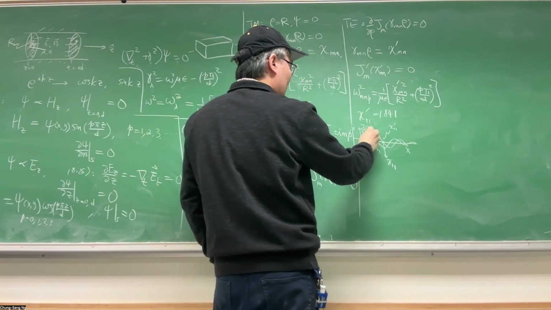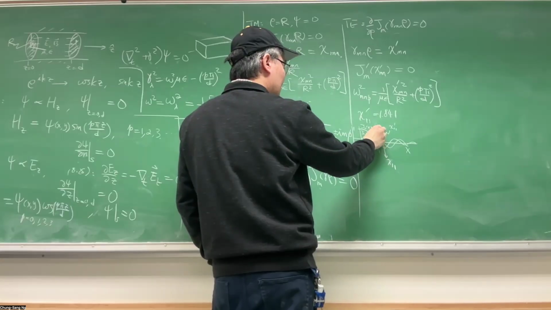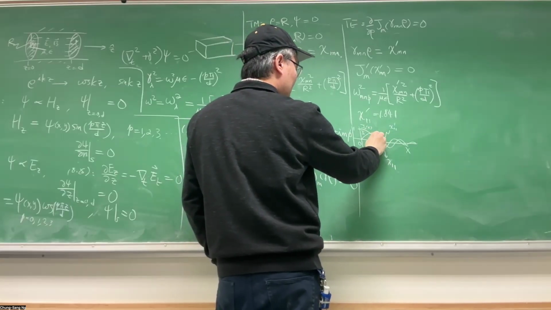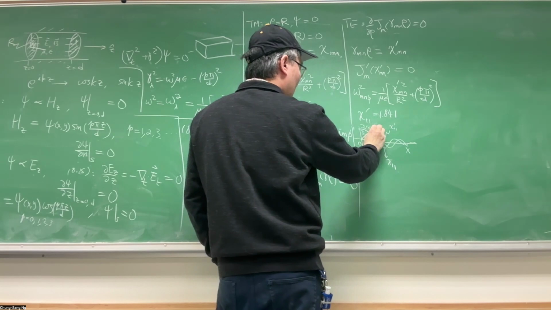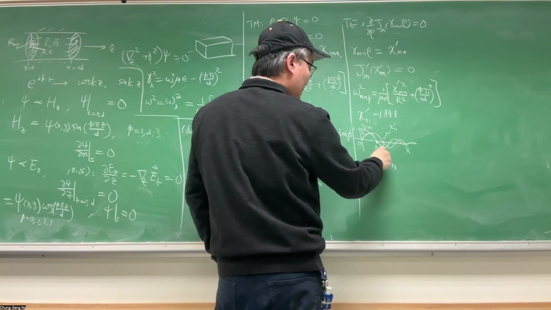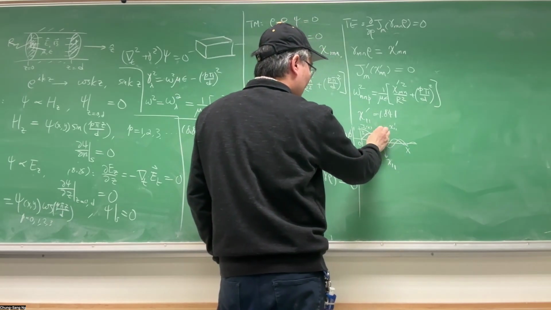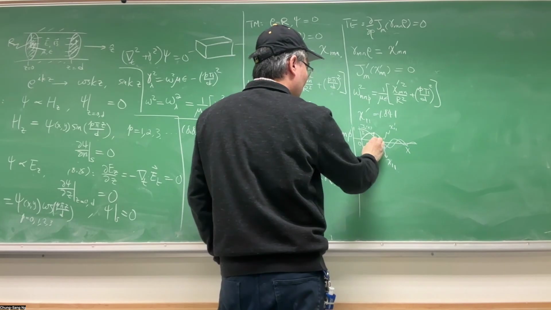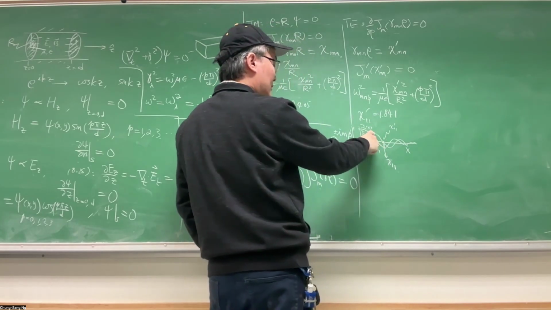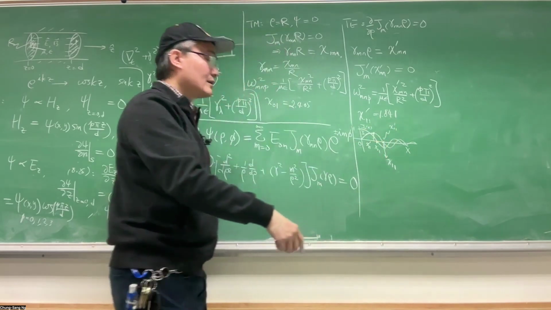But the first value where the derivative of J1 is zero is actually smaller than this one. We actually turn around at a point smaller than this, so this is x'11. x'11 has a value smaller than x'01.